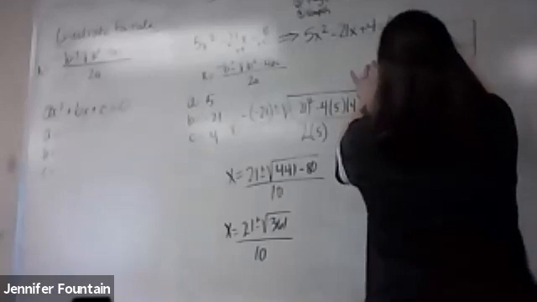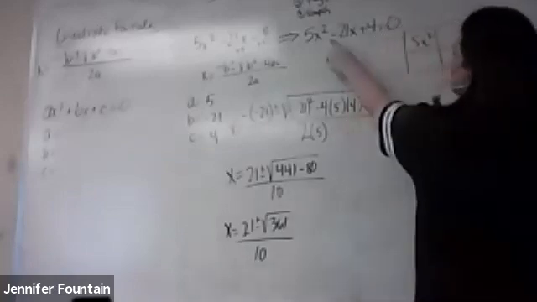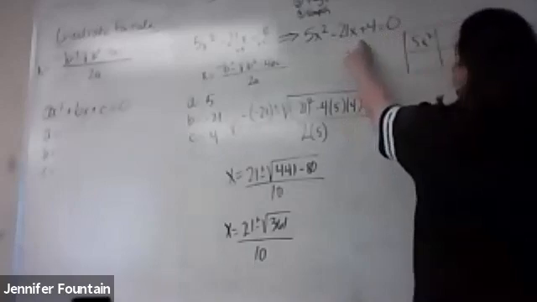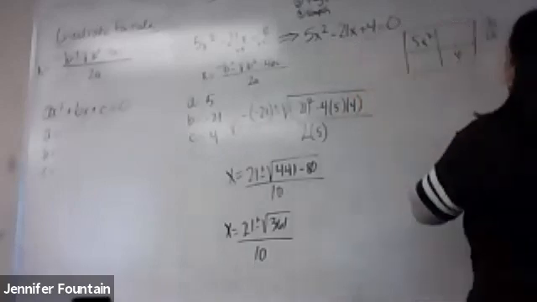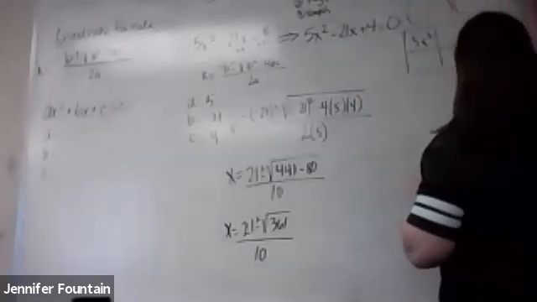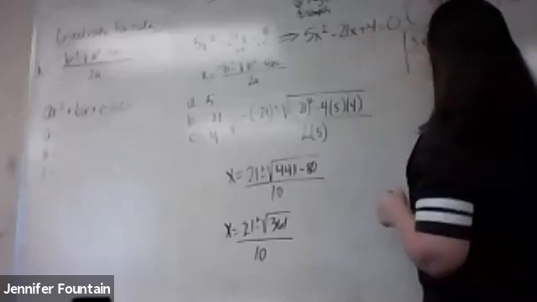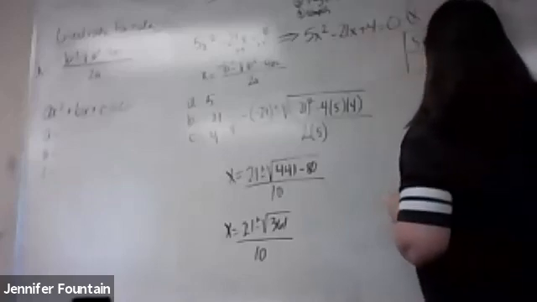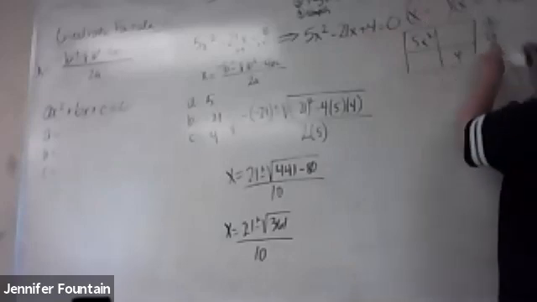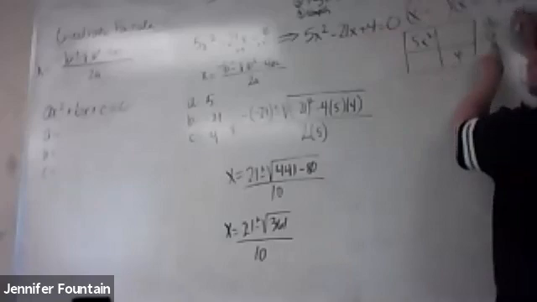And I had 5x squared here and 4. A times C is going to be 20. So I need factors of 20 that add together to make -21, and they're both going to be negative. Because I would have my 2 sets of parentheses equal to 0, x, x. What are my factors of negative 20 that would add together to make a -21?